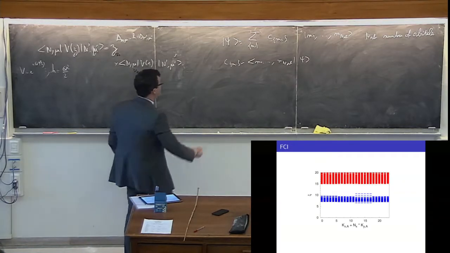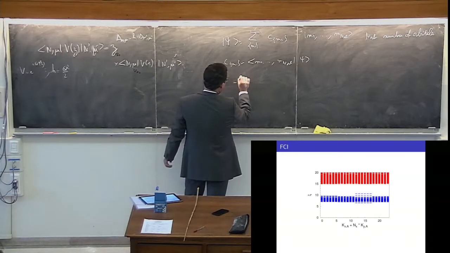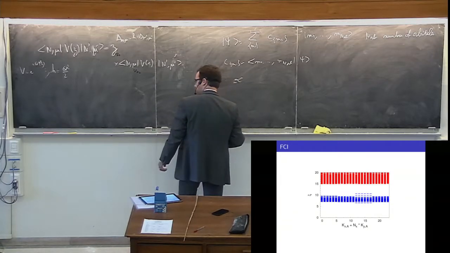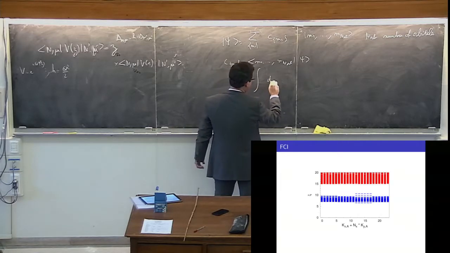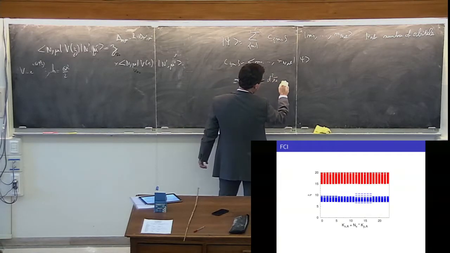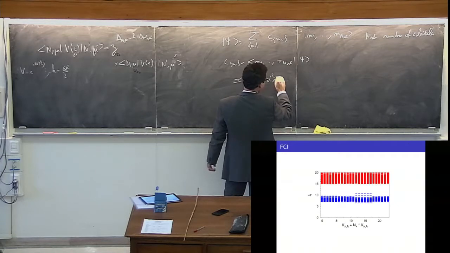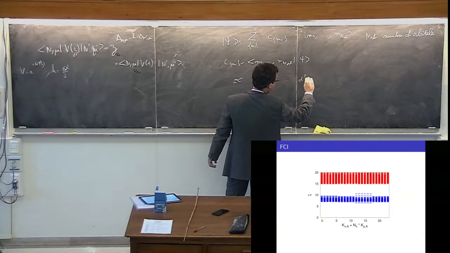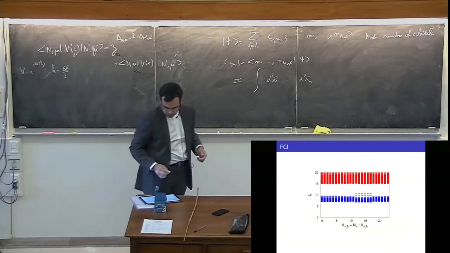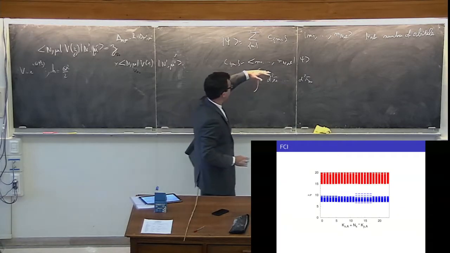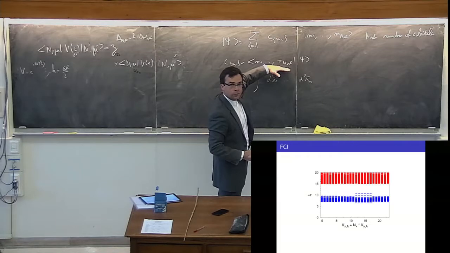So I should be careful about all the normalization factors, but roughly what you will get is the integral over dr1 to dr_Ne of, for a fermionic state, this is just a Slater determinant, right?